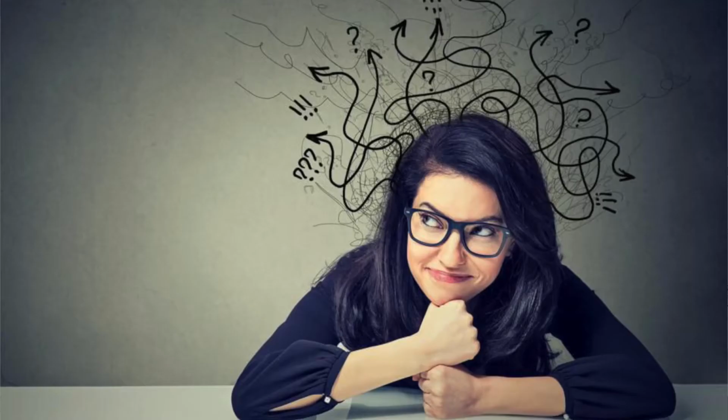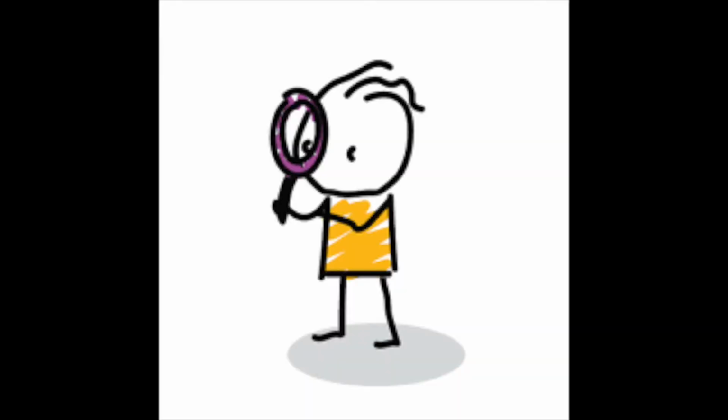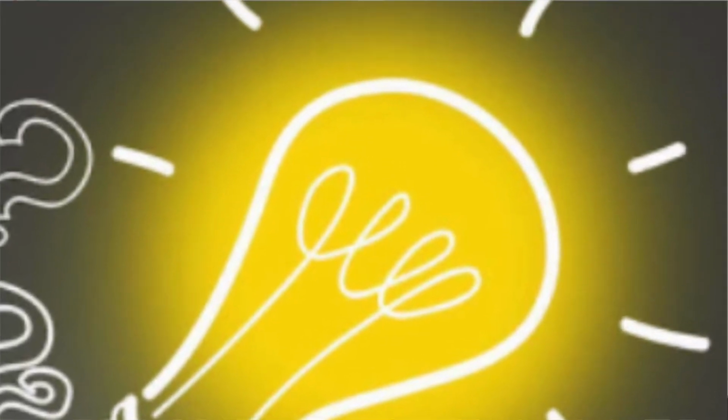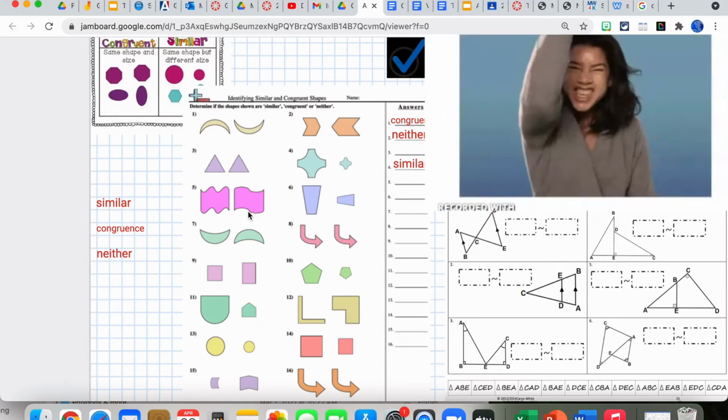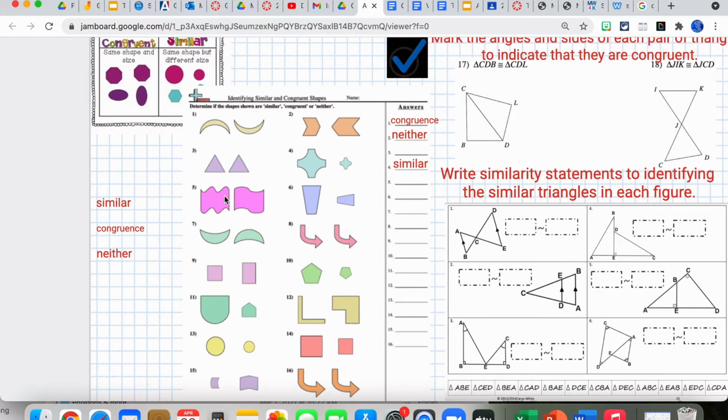So that is just an answering strategy to let you know if you're stuck on a problem, don't get stuck and don't say I can't do it, just move on, and maybe you can come back to the problem that you can't answer later, and by that time your thinking will be clearer and it will help you to answer it. Number five, not similar for sure, not congruent, so the answer is neither one.